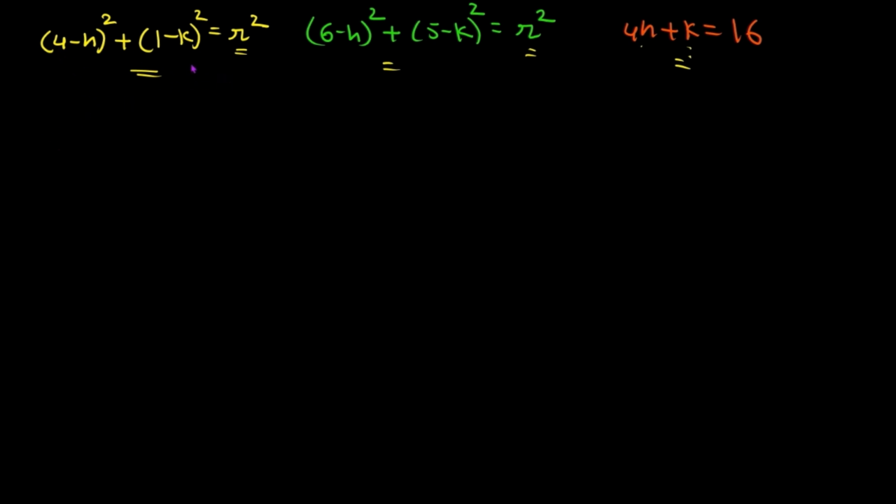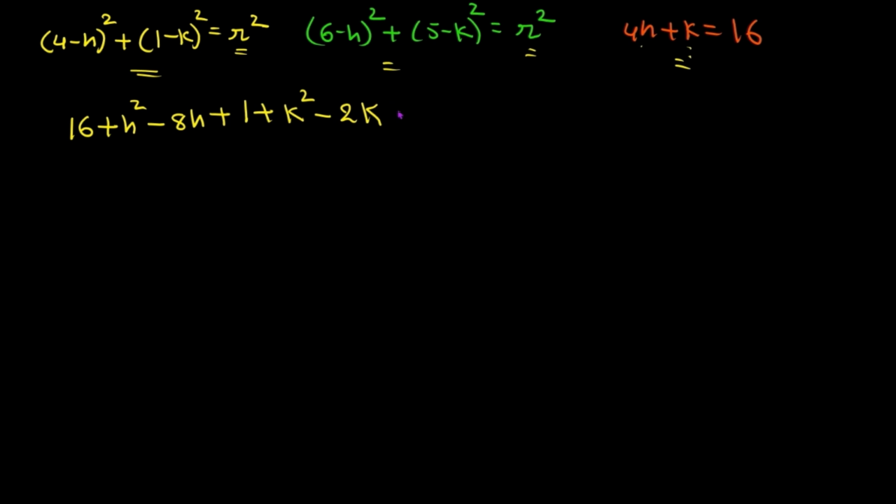Let's expand the left-hand side, using (a minus b) whole square. So 4 square is 16, plus h square, minus 2 into 4 means 8h, plus 1 square is 1, plus k square minus 2k.